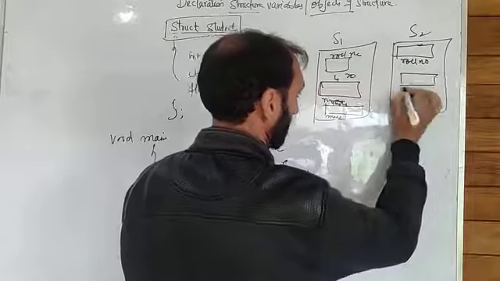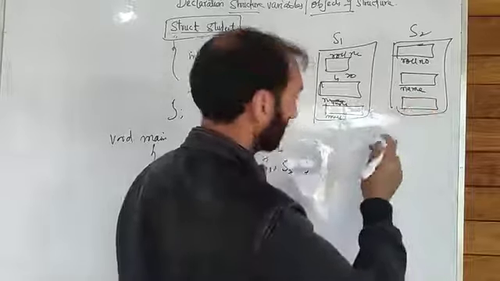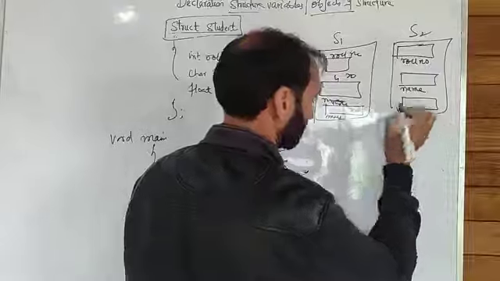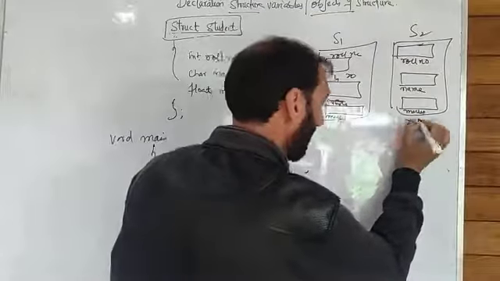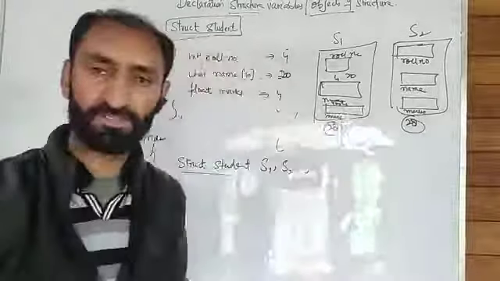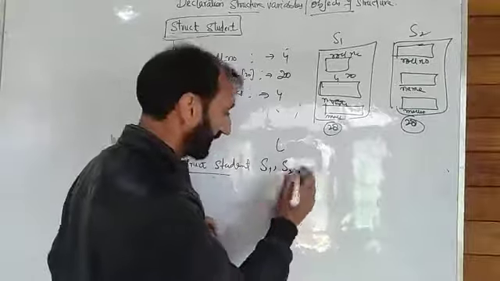This is for name, 20 bytes, and this is for marks. A total of 28 bytes will be allocated for S2, and separate memory of 28 bytes will be allocated for S1. And similarly, I can write more objects.